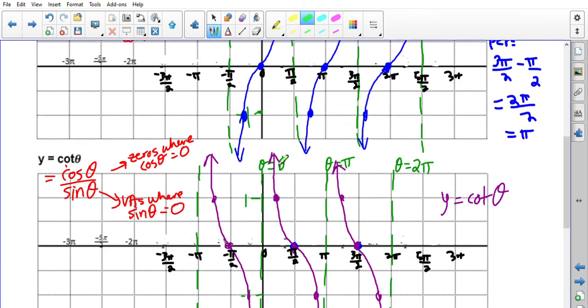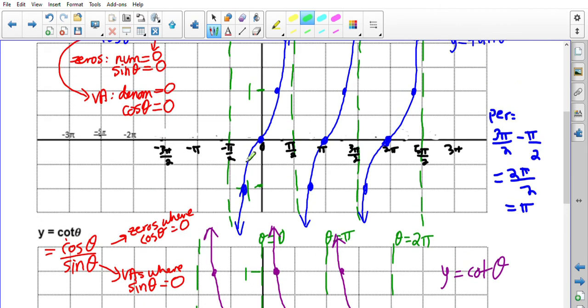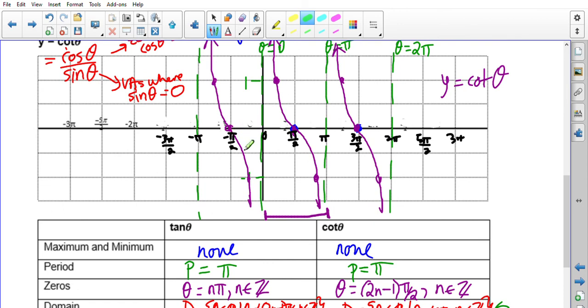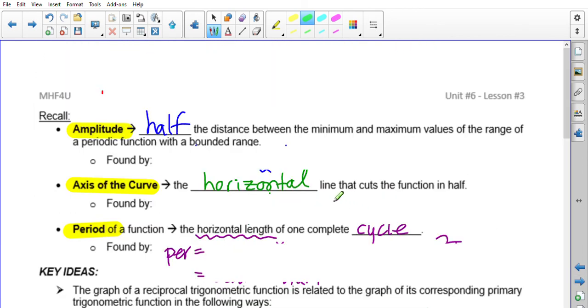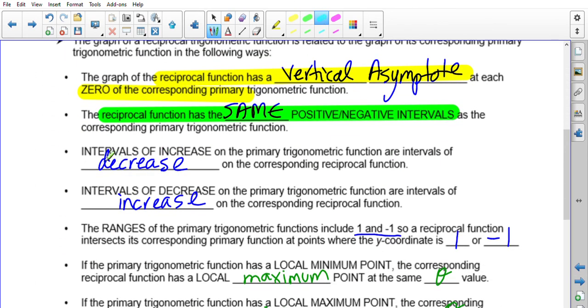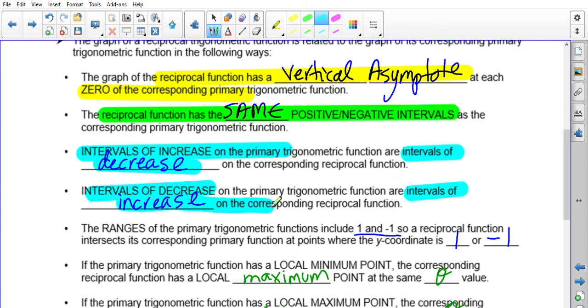From negative pi over 2 to 0, it was below the x-axis, and the reciprocal was also below the x-axis. So that stayed true. The intervals of increase and decrease switch, we saw that in our example, so those should swap.